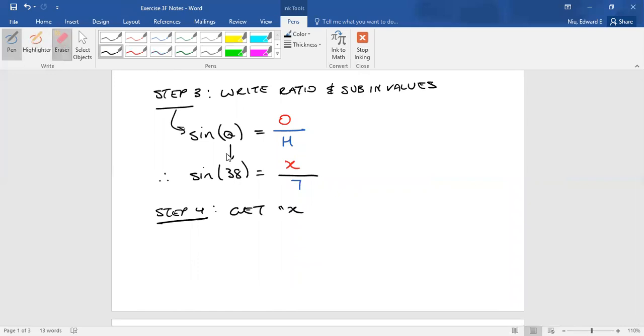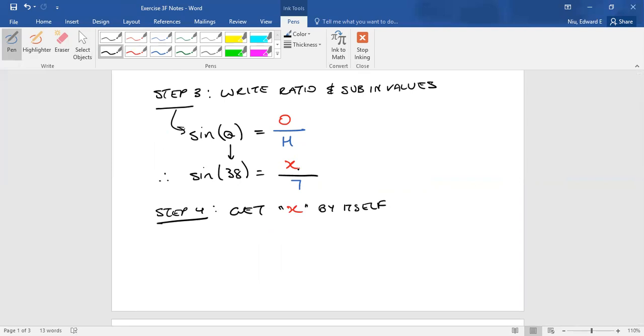Let's use red. Get x by itself. How do we get x by itself when there's a 7 below it that's dividing it? So here we've got x divided by 7. How do we get rid of the 7?